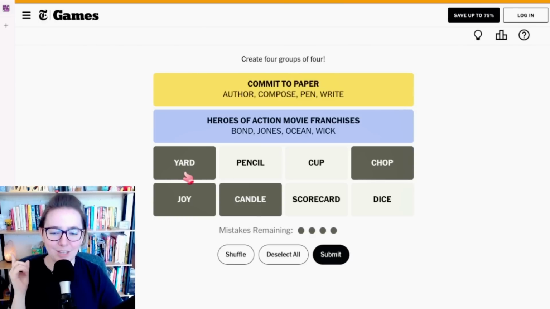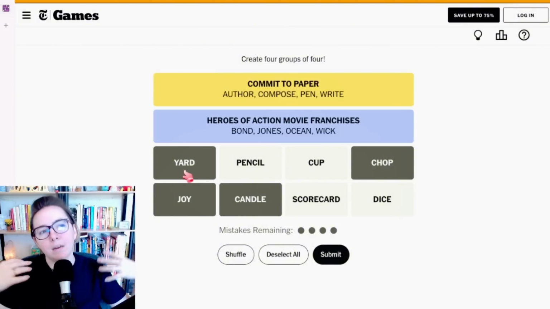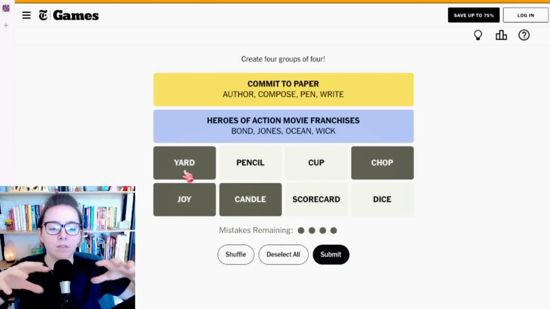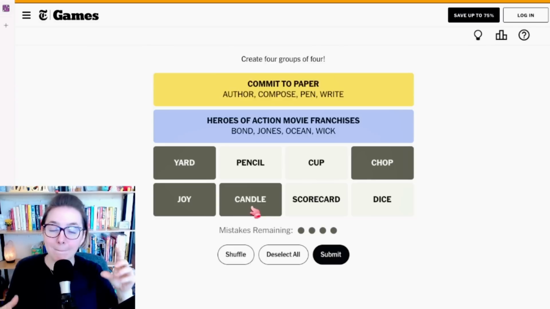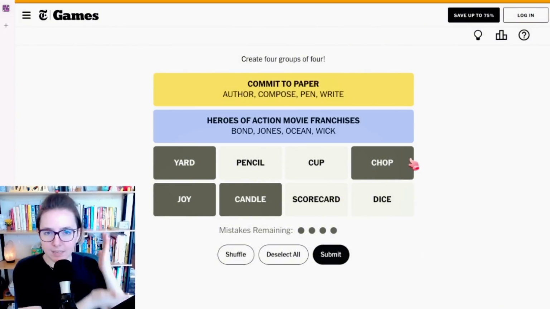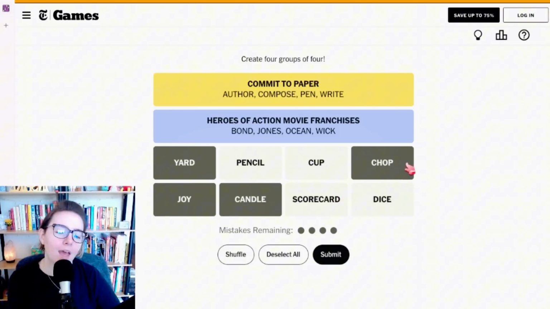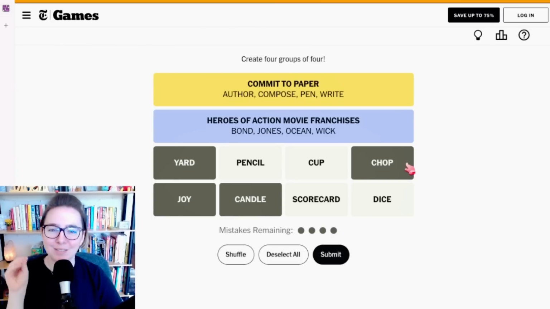So yard. Your yard in America is typically the grass around your house. That's what we would call a yard. Joy is being very, very happy. A candle, something that burns with wax. And chop is making something smaller. However, all of these words also share the same compound.